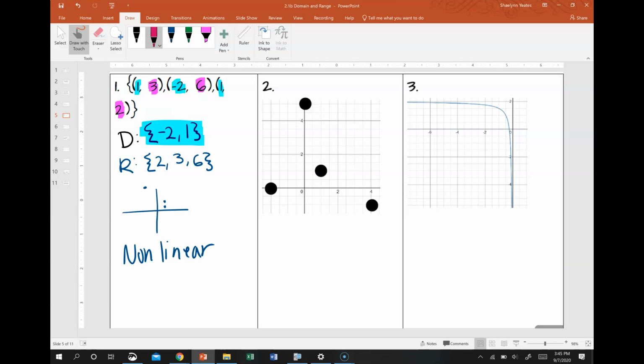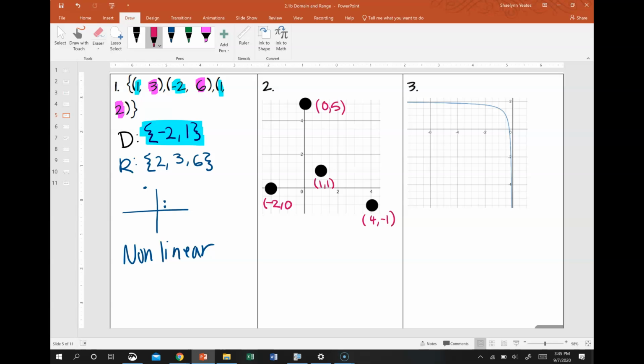All right, let's go ahead and do these points. So this point right here, it's at the point -2, 0. Then this one's at the point 1, 1. This one's at the point 0, 5. And this one's at the point 4, -1.